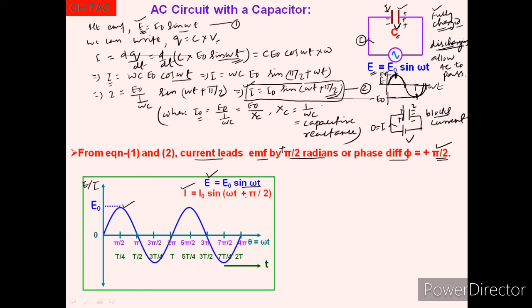as it attains any value in advance of pi by 2, for example, the alternating EMF has achieved maximum value E naught at pi by 2, then this value must have been achieved by the alternating current in advance of pi by 2.